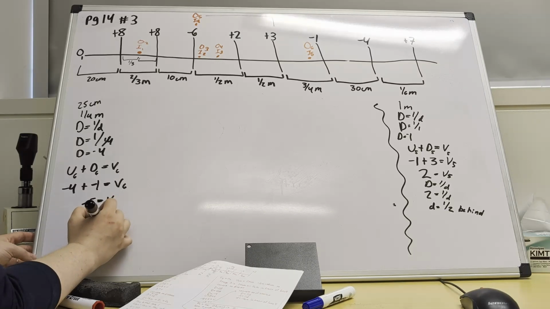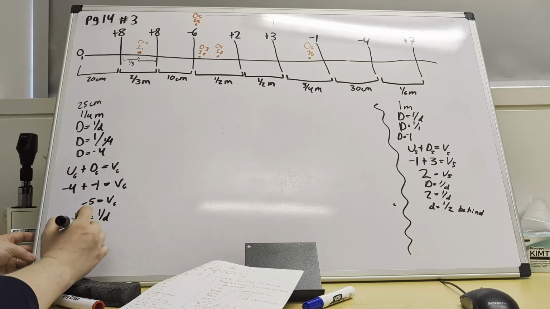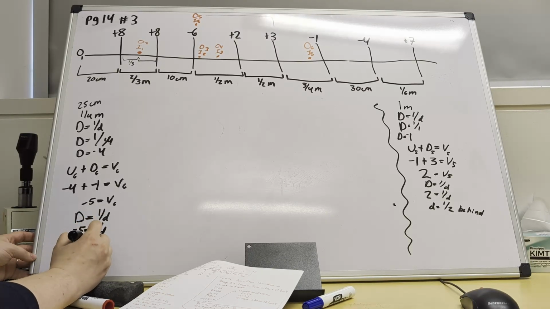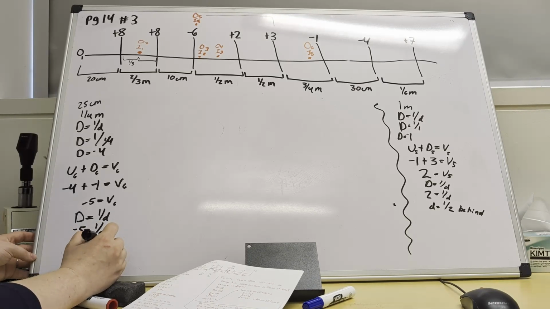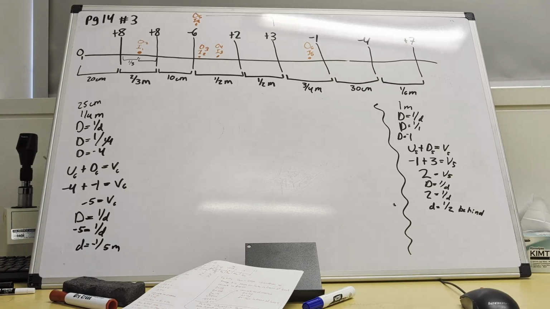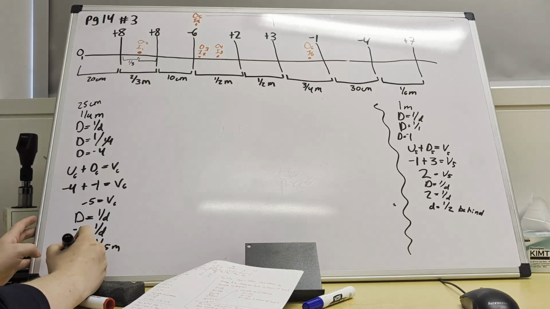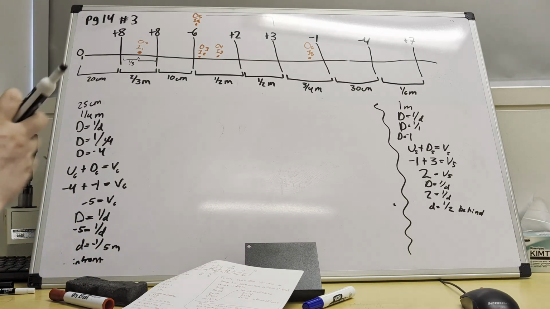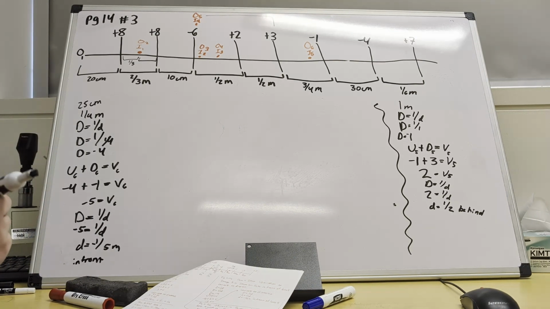Diopters equals 1 over distance. -5 equals 1 over little d. If we solve this, d equals 1/5 negative of a meter. Negative meaning it is in front. In front.